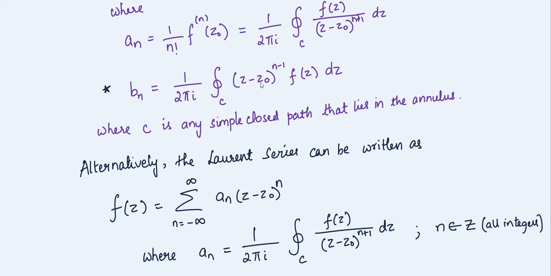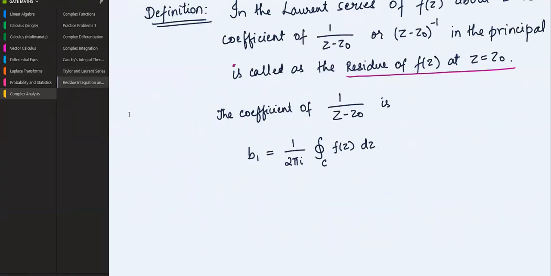Suppose for the second term, what will be the coefficient of 1 by z minus z naught whole square? You multiply z minus z naught to f of z and integrate. From there we get this B1.